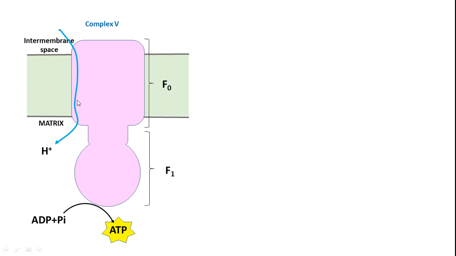And this proton motive force, the energy gradient derived out of the proton flow, is utilized by the F1 protein we have over here to convert ADP to ATP. Okay, in simple terms, this is how ATP production happens inside our cells, inside the mitochondria.